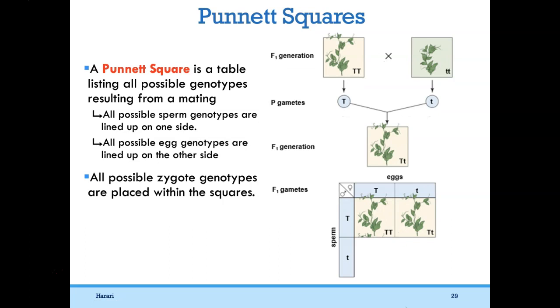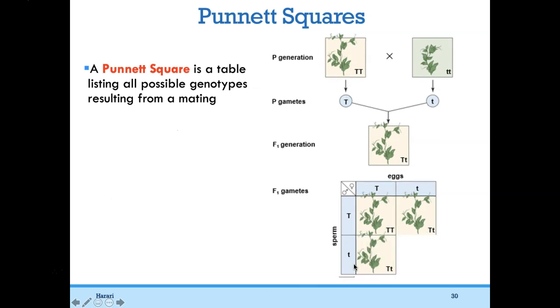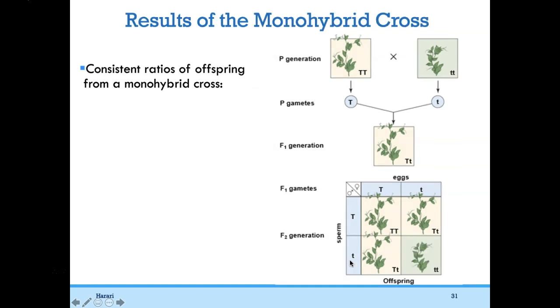So that's another possibility. It's also possible for a big T egg to unite with a little t sperm. Or it's possible for a little t egg to unite with a little t sperm. So these are all possibilities.